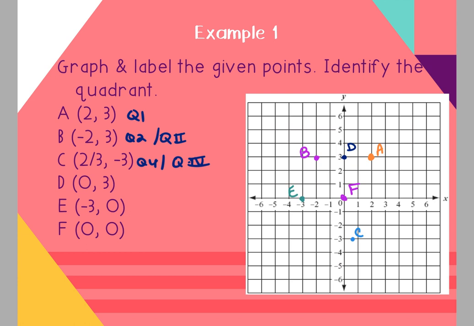It's a trick question, right? It actually lies on the y-axis. So if it lies on the axis, we say y-axis even if it says quadrants. So it's in between quadrant 1 and 2, but we say y-axis, which means (-3, 0) would be what? X-axis, good. And (0, 0)? Origin. Good job.